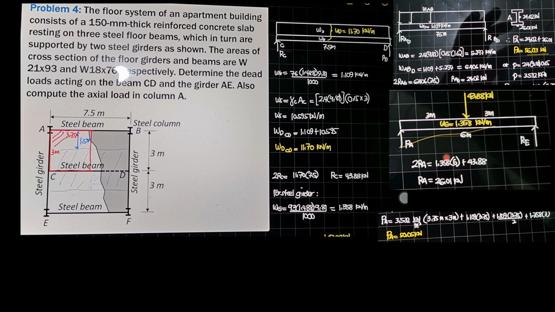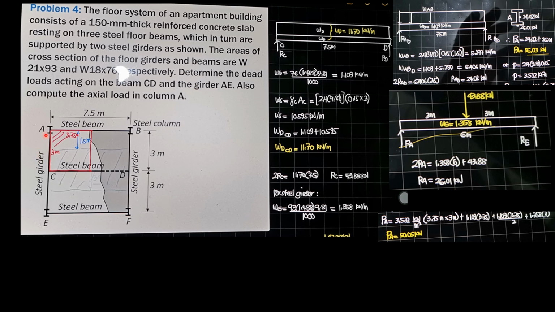Then solving for R sub A, summation of vertical forces equals 0, RA and RE are equal, so 2 times RA equals the total load, 1.358 times 6, since this is 6 meters long, plus 43.88. So R sub A is 26.01 kilonewtons.